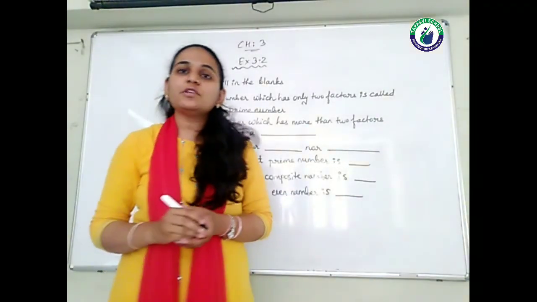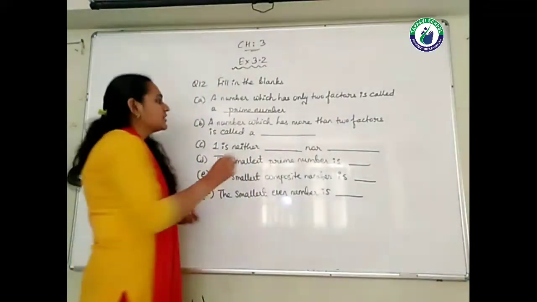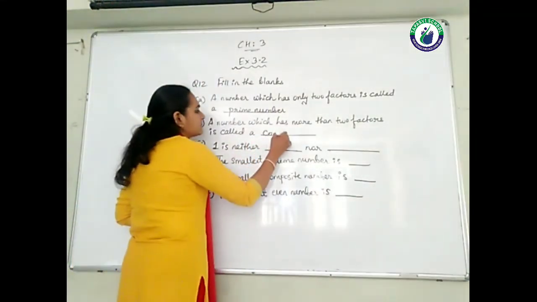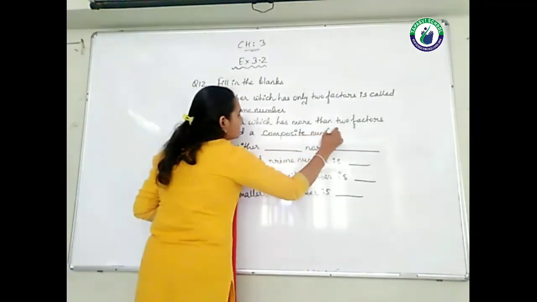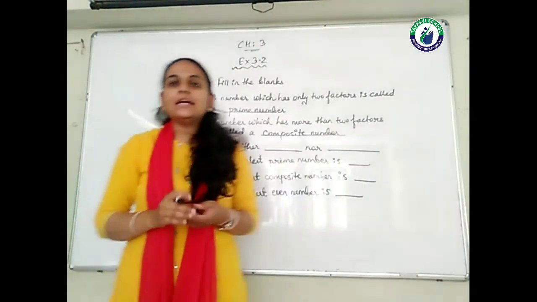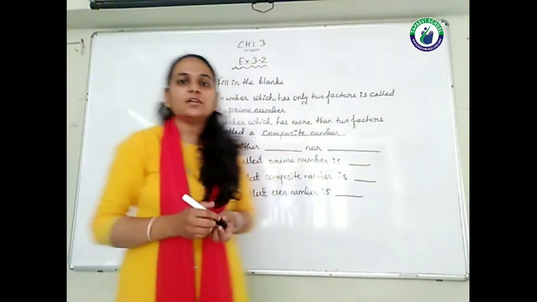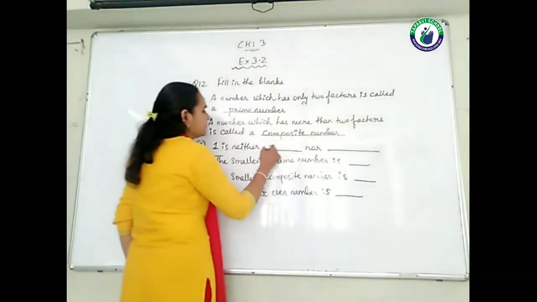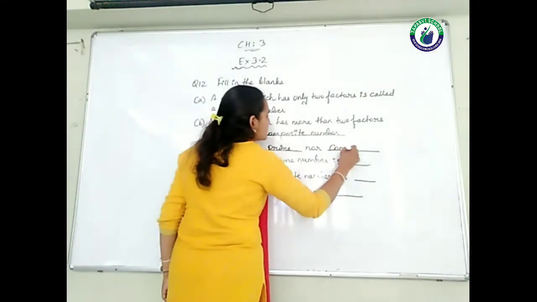The numbers which have more than 2 factors, students, we call this number as composite number. Composite number. Next one, students, 1 is neither. Right? 1 doesn't have any factor, so we call the 1 as neither prime nor composite.